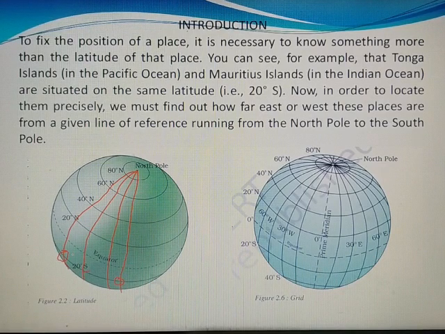So in order to know it, geographers draw the longitude. By knowing the longitude degree, we come to know precisely the location of any two places. Longitude runs from the North Pole to the South Pole. So this is an introduction to longitude.